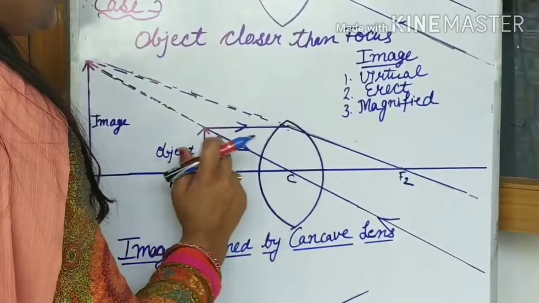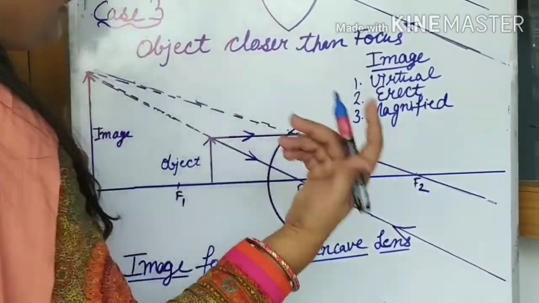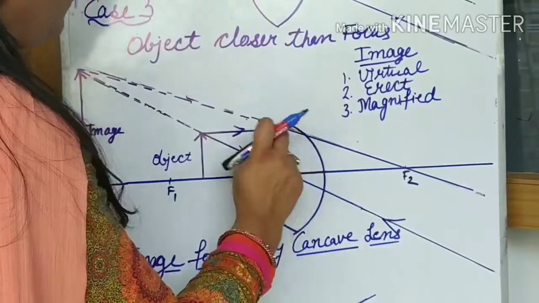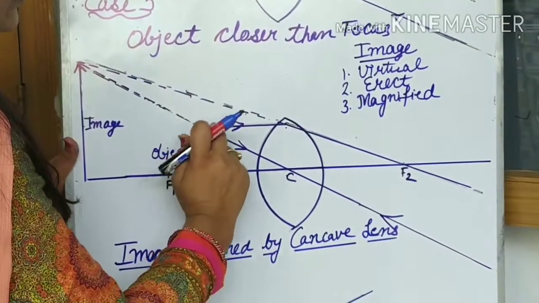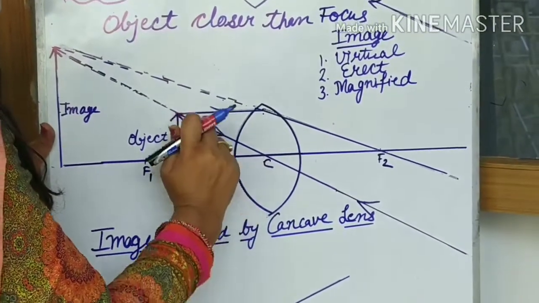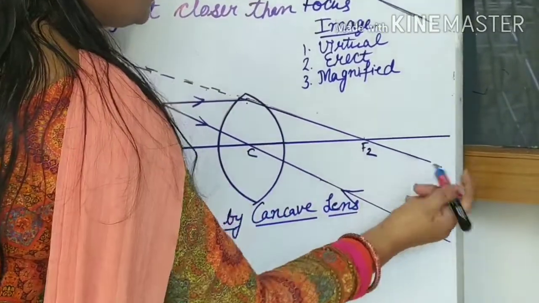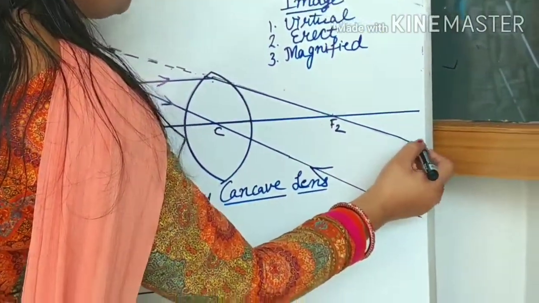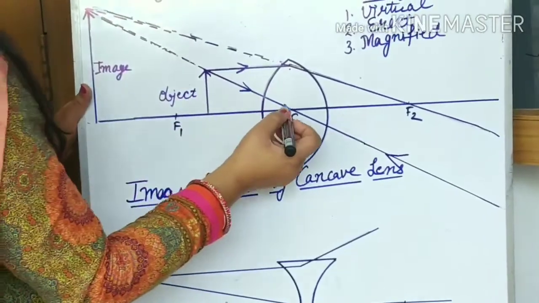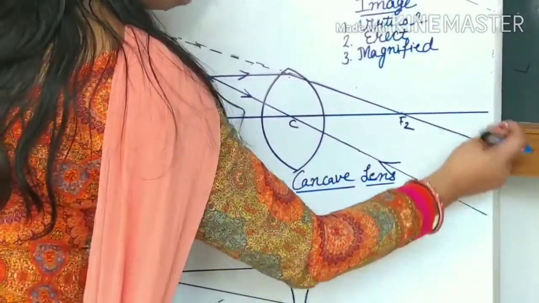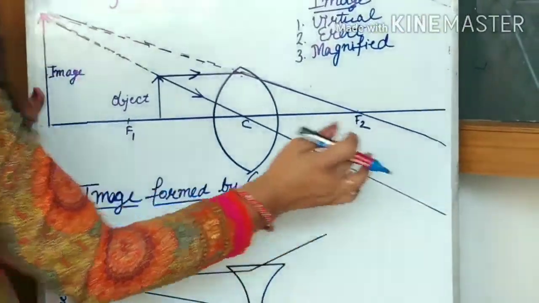Now, two rays. After refraction, the ray which is parallel to the principal axis will pass through the focus here, and the other ray will go in this side. Both the rays will not meet.